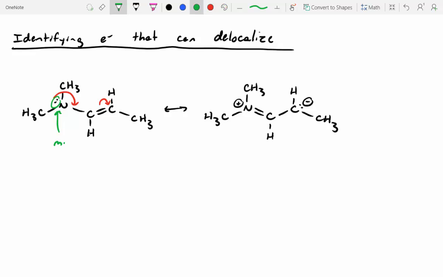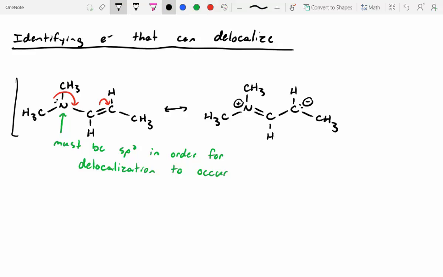So this nitrogen must be sp2 in order for delocalization to occur. And last but not least, we'll bracket these in together.